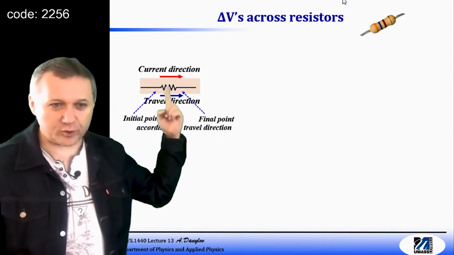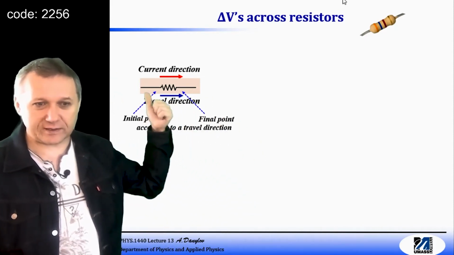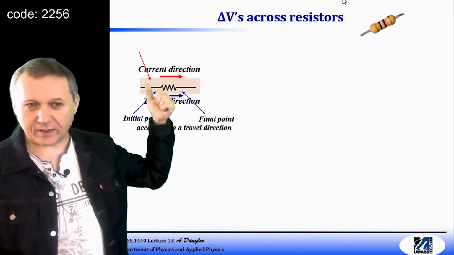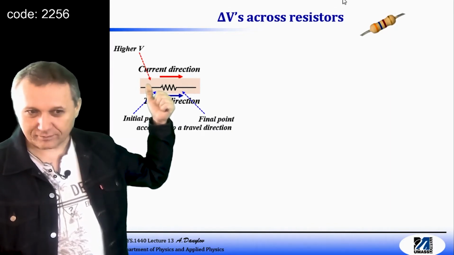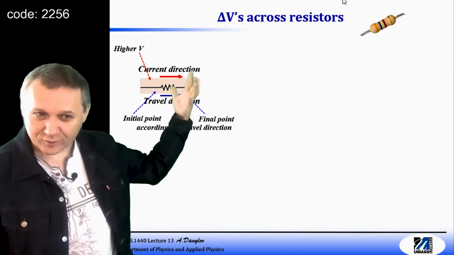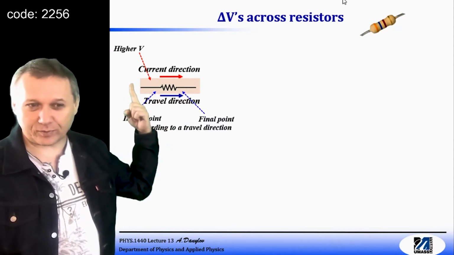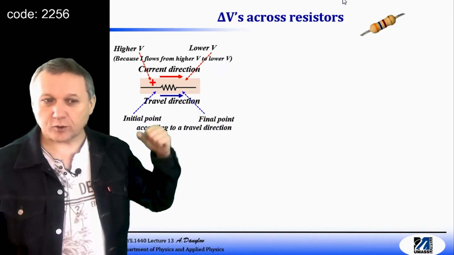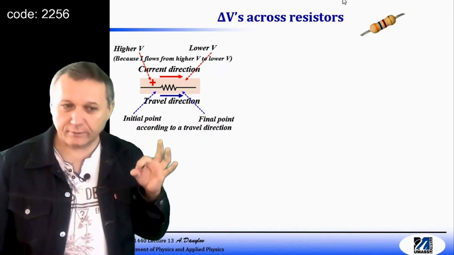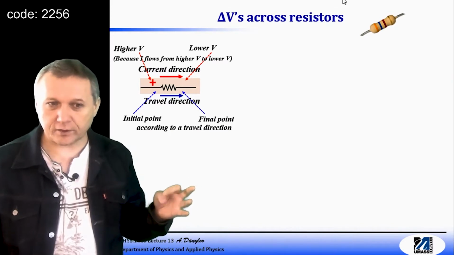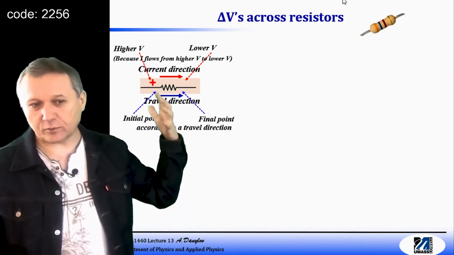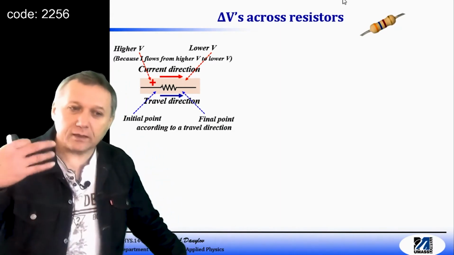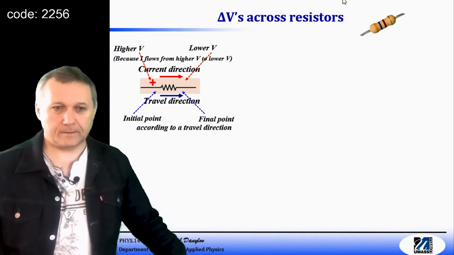If we assume this current direction, then according to that assumption, this side must be at higher potential, because current flows from plus to minus. So this is plus and that is minus, and this will be at lower potential. So every time we have to assume current direction in order to decide which point is at higher potential and which is at lower potential, again in our gambling game.